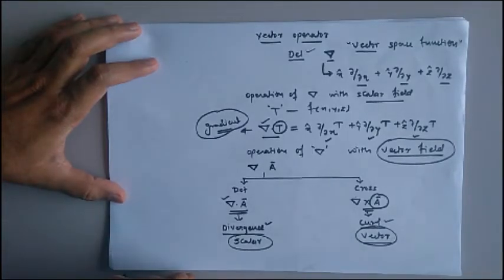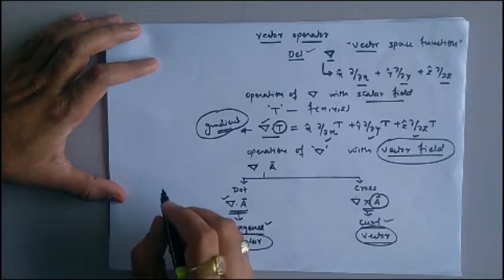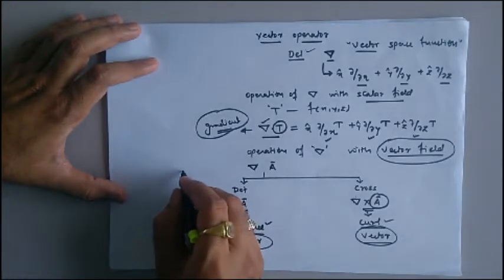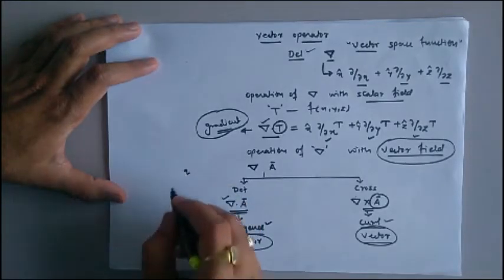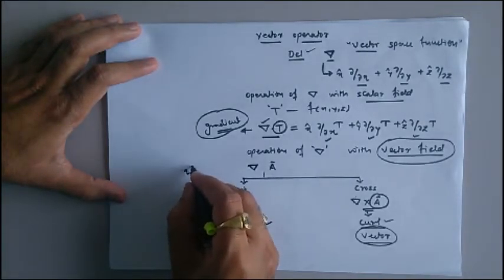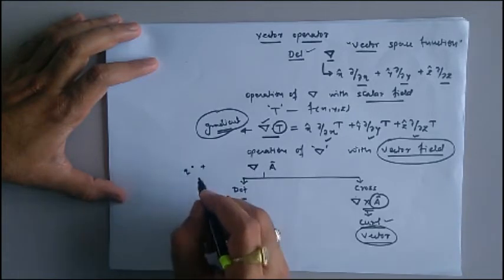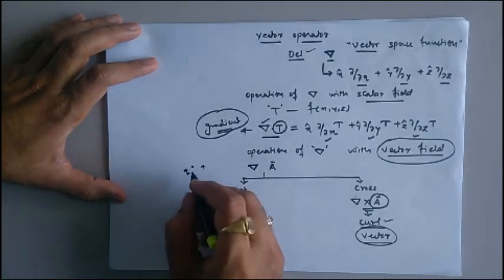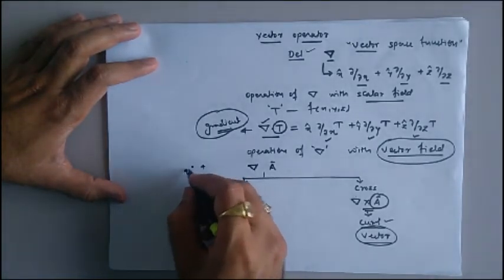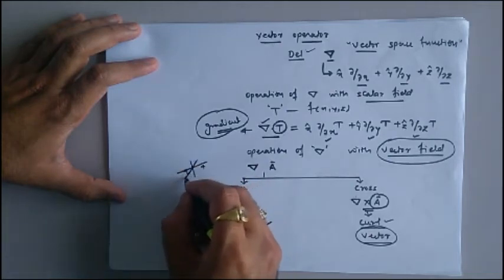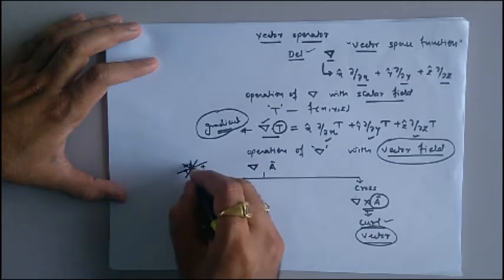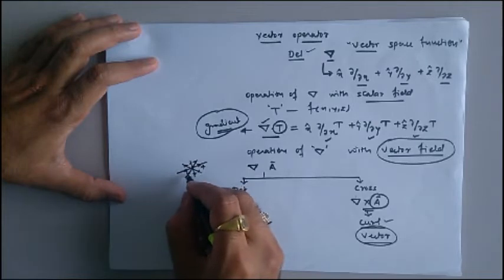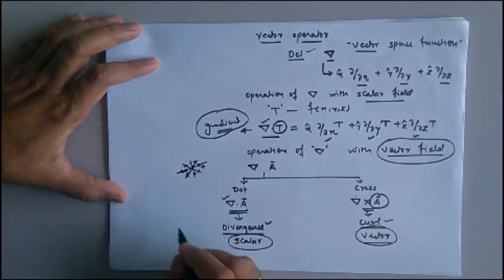For example, in electrical domain, let us consider that we are having a point charge indicated by symbol Q. And let us consider that the charge on this point is positive. That means this charge is going to emit electric field of line in all possible directions like this.